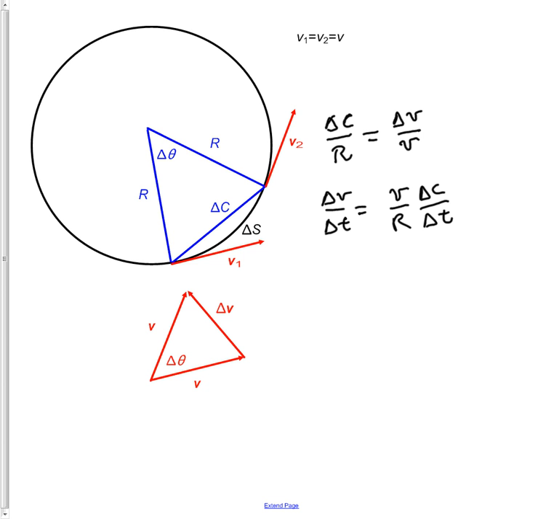Got it? But delta v over delta t is the average acceleration. So we're almost there, but we don't want the average acceleration. Okay, we want the instantaneous acceleration.